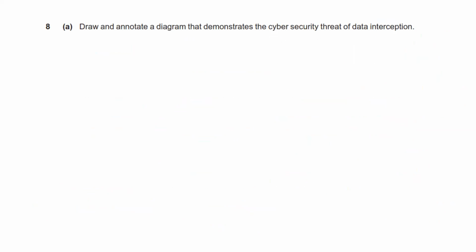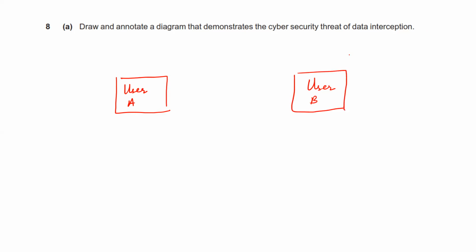So moving ahead, question number 8, it says draw and annotate a diagram that demonstrates the cyber security threat of data interception. Okay, so cyber security threat. For example, you have user A and you have a user B who are communicating between each other.